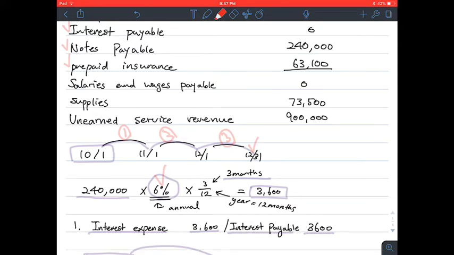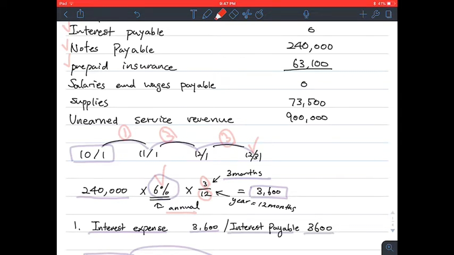and we have to calculate the interest expense, which is $240,000 times 6%. And as I said earlier, this is an annual interest rate, and you have to calculate by multiplying by 3 and dividing it by 12. Why dividing it by 12?